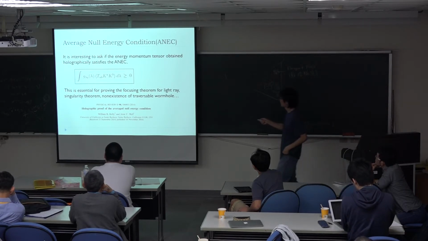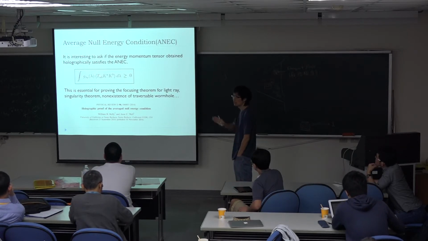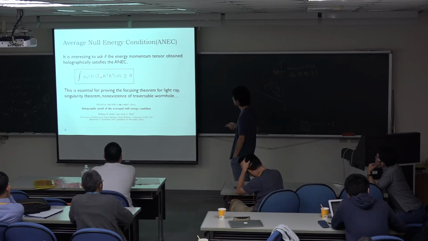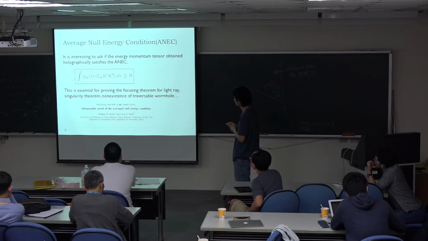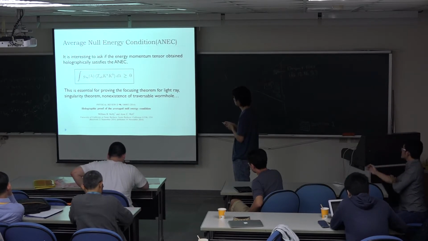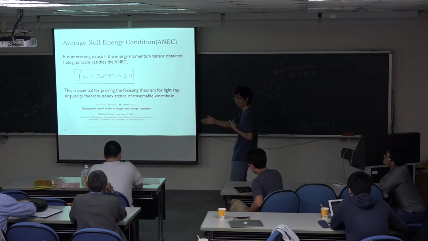I forgot to explain that this is the integral of the energy-momentum tensor along a null geodesic, and lambda is the parameter that parameterizes the null geodesic, and k is the null tangent vector, and g lambda naught is the smearing function, because if you do it naively, the integral always diverges.